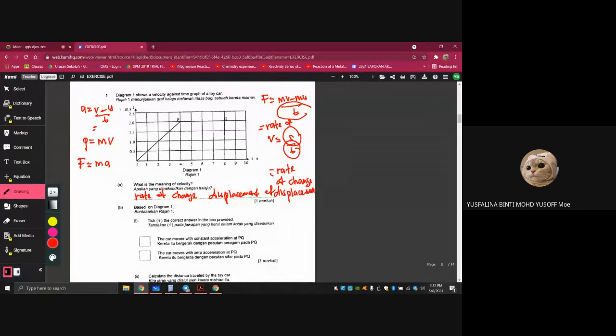There are two pieces of information that you can get from this graph. The first one is, what is the first one? Velocity. Yeah, the velocity.